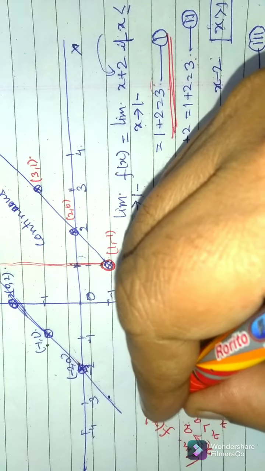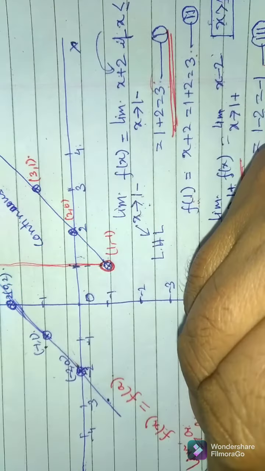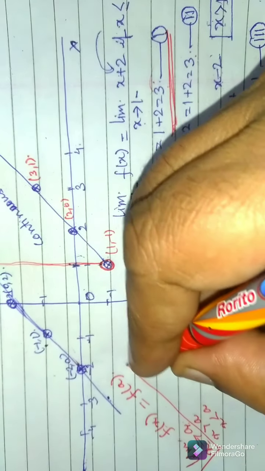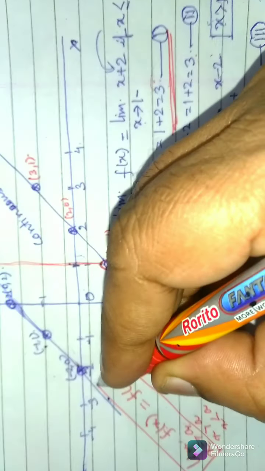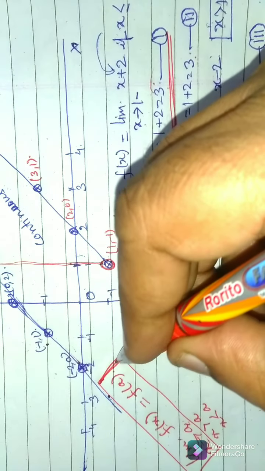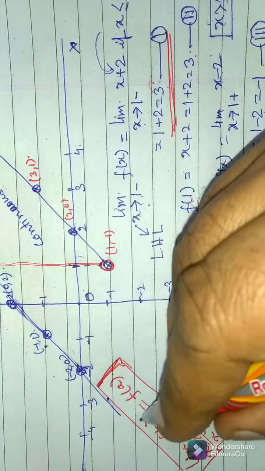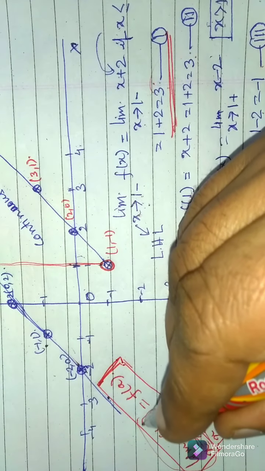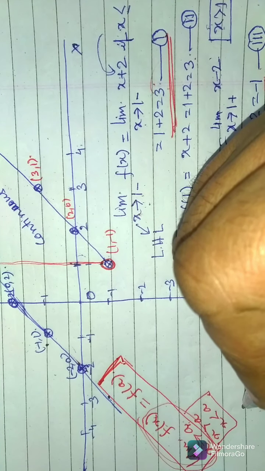Then if it is equal to the value of the function f(a), then the function is continuous, so there will be no break. So here this represents both the left hand limit as well as the right hand limit of the function.